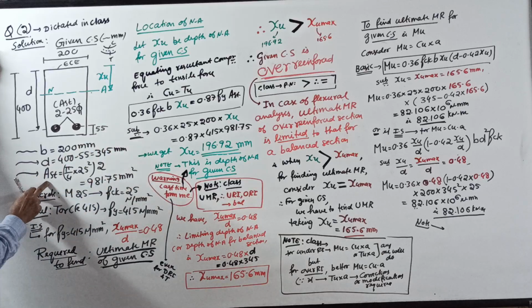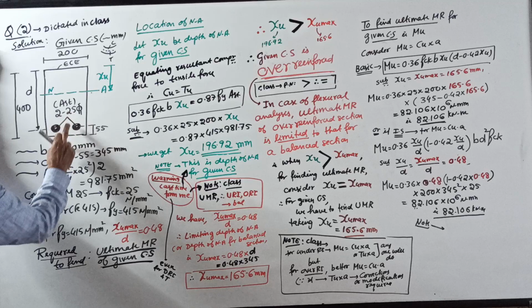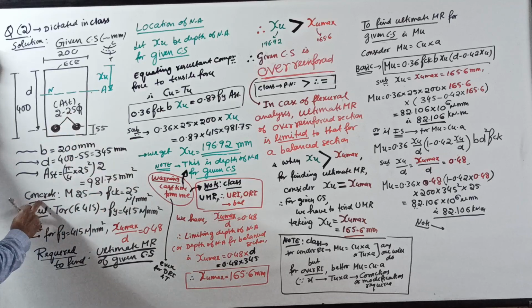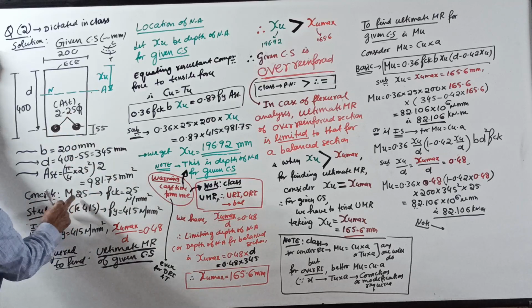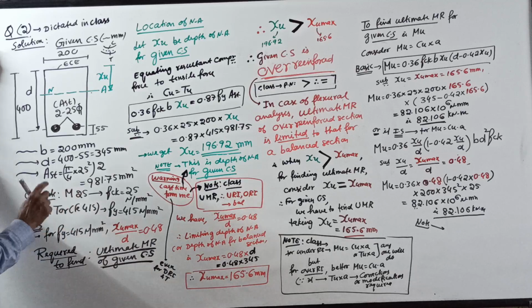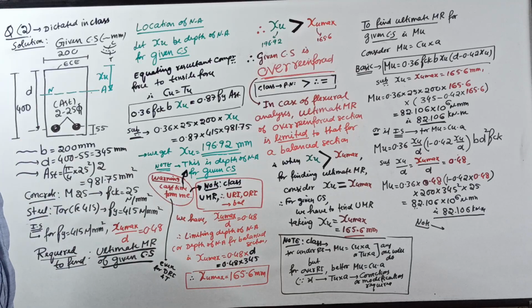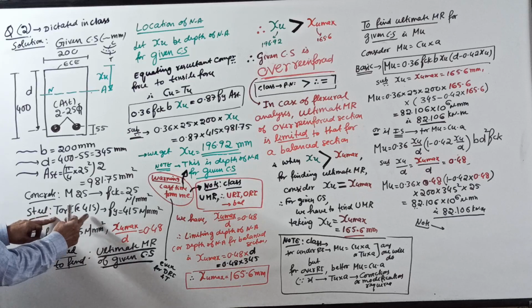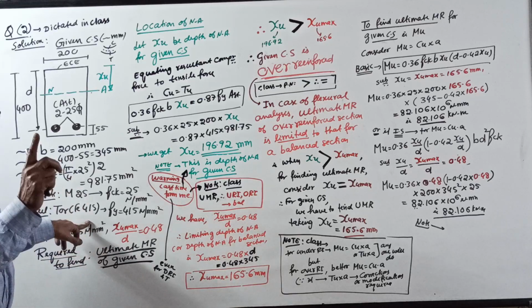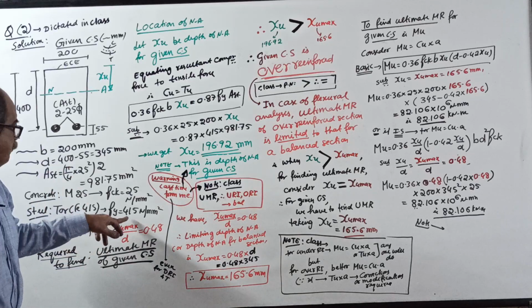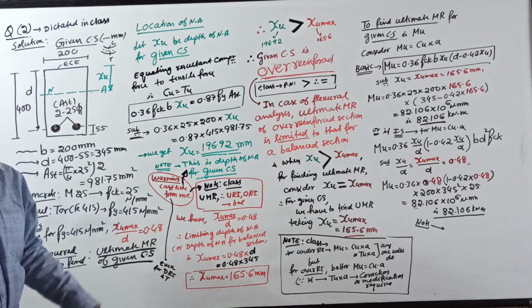Area of steel in tension is pi by 4 of 25 square into 2. Concrete given is M25, for which FCK equals 25 Newton per mm square. Then write given steel, torque steel of grade Fe415, for which Fy equals 415 Newton per mm square.